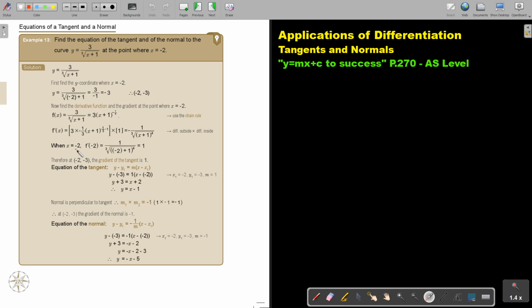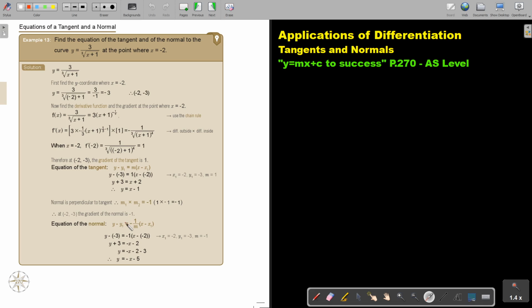So when x is -2, now we want to find the gradient. We substitute the x value in, we get 1. So therefore, at the point the gradient of the tangent is 1. Now we use the formula and we substitute the point in, and that is the equation of the tangent.